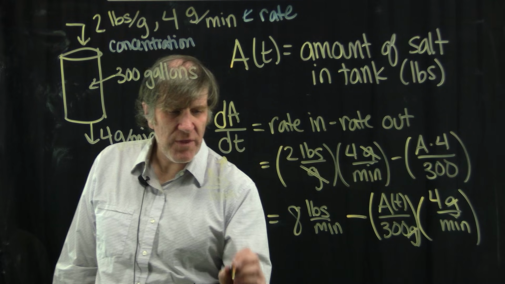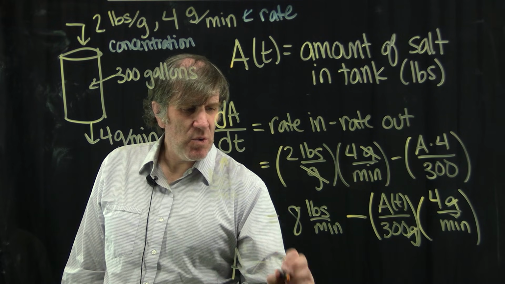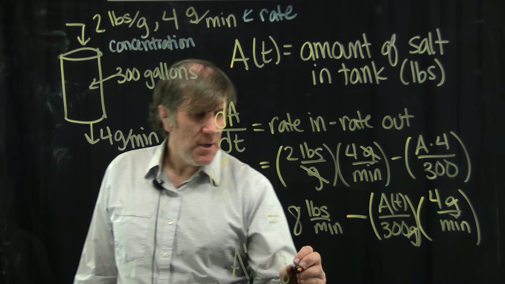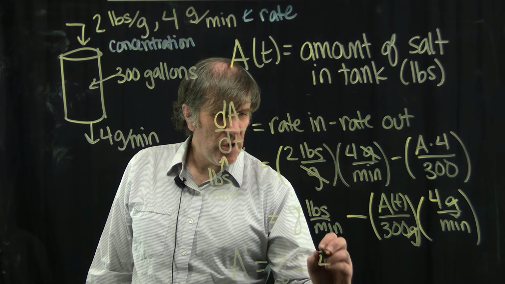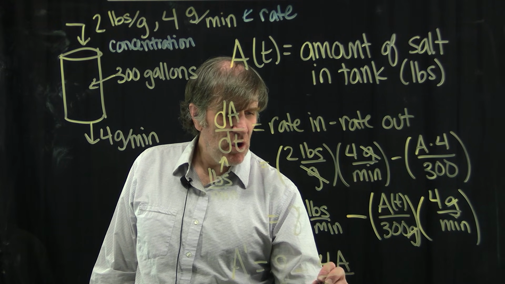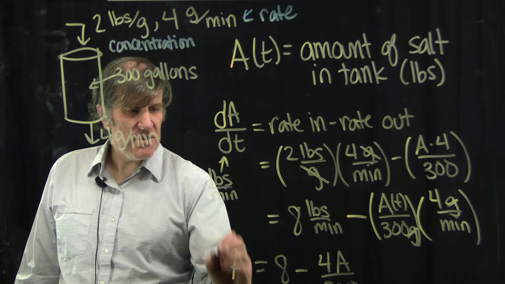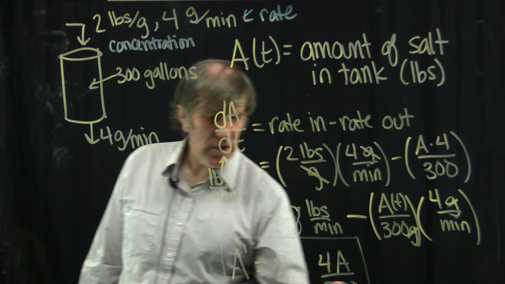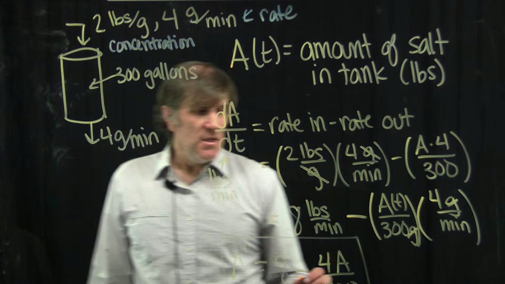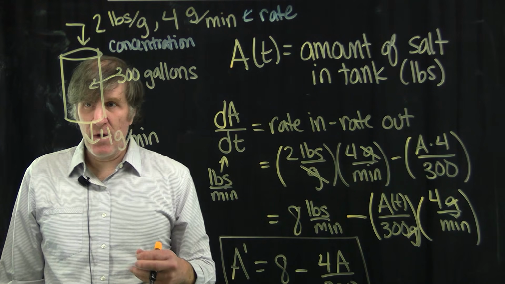And we end up with A prime equals 8 pounds per minute minus 4 times A over 300. And that is a first order linear differential equation for this tank mixing problem.